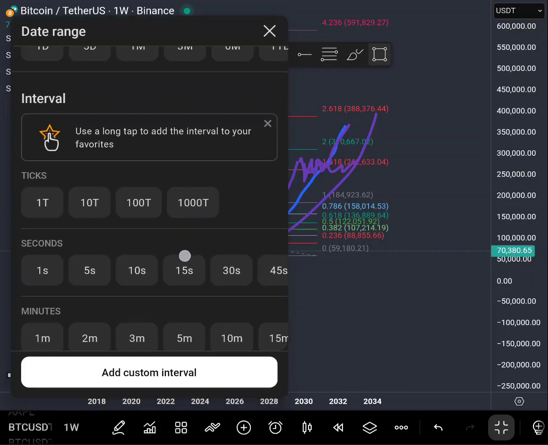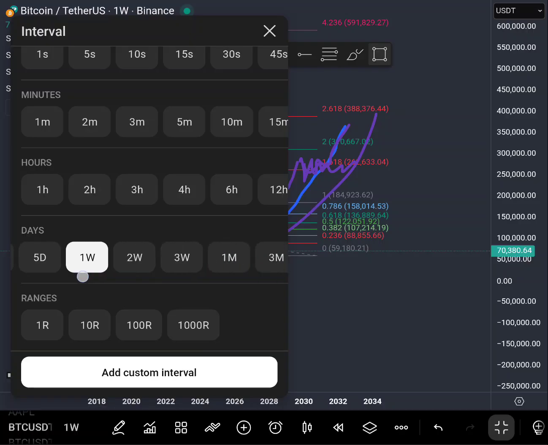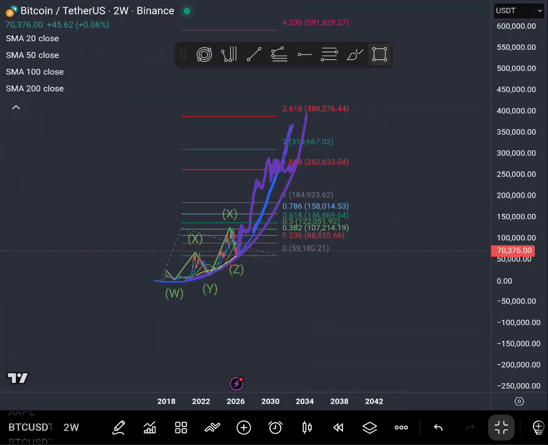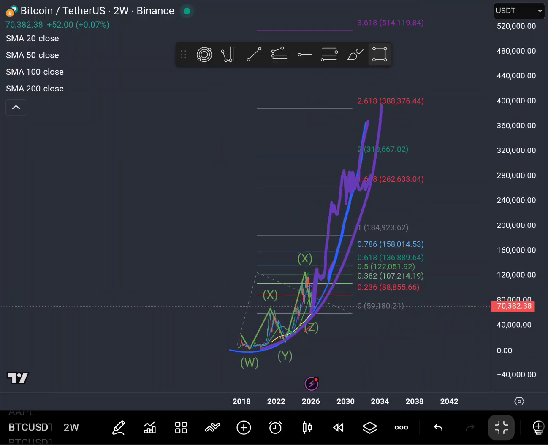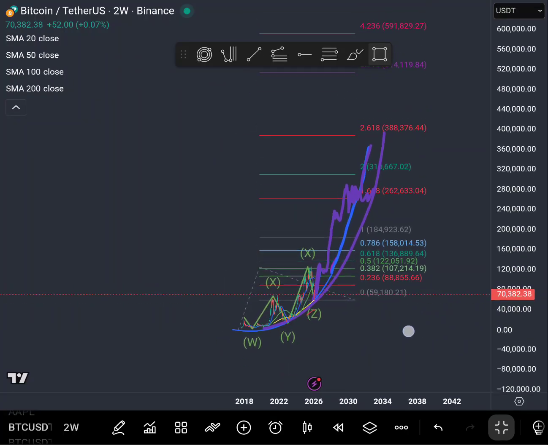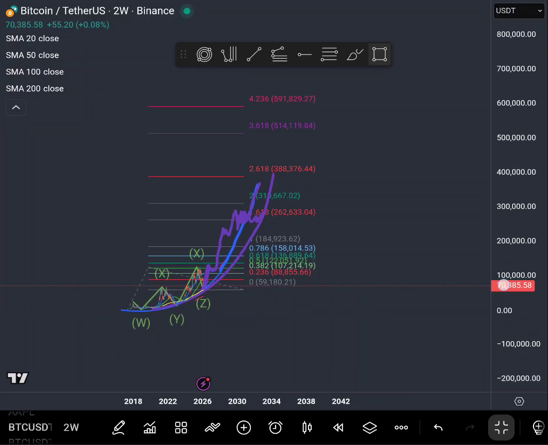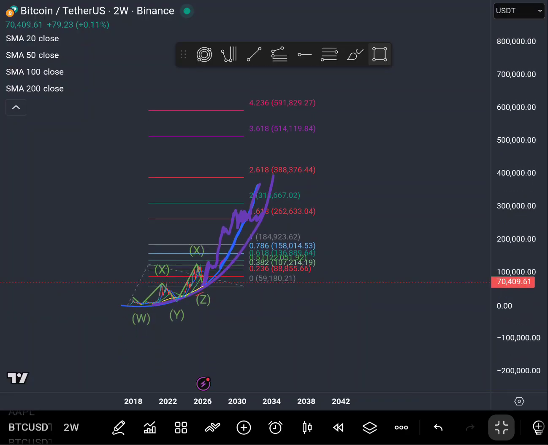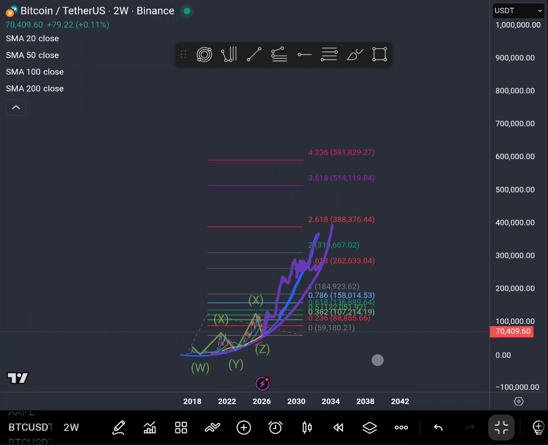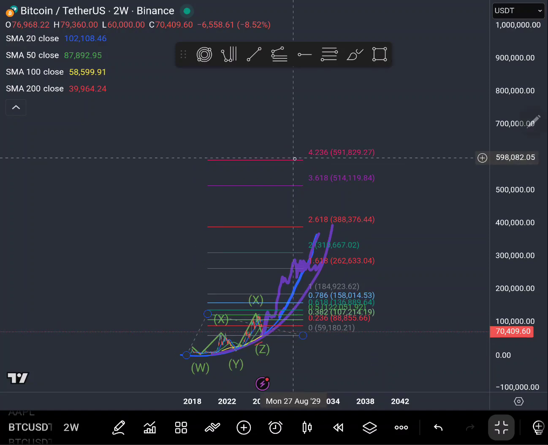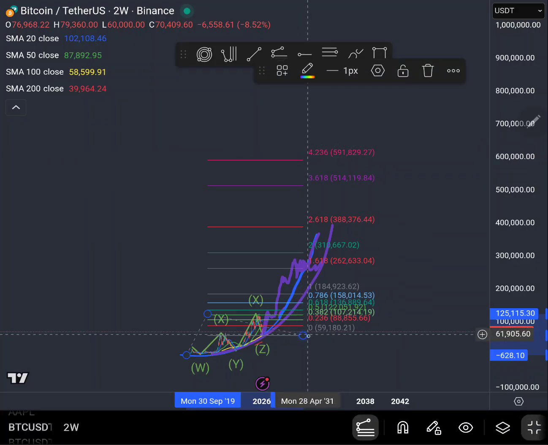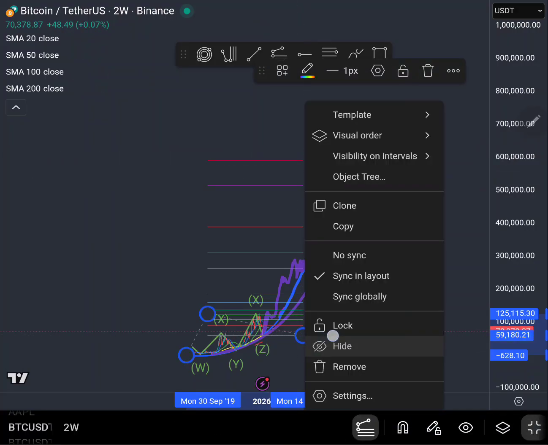If I change it to the 2 week, you can see it's a parabolic climb. I know it's not a very good drawing, it could be better. Can I get this thing to move? Right, just pull this out a bit.